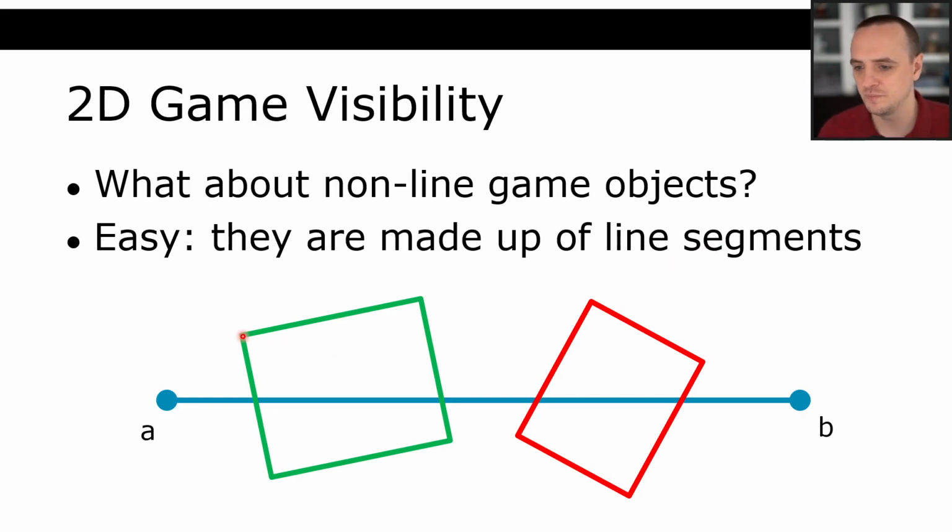So all you have to do is compute, does line AB intersect with any of these line segments? It turns out here that AB intersects here, here, here, and here. But if we're doing something like a lighting calculation, we only want the light to go this far, right? We only want it to go right here and stop as soon as it hits this thing. So what we do is we find the places that it intersects, and we just take the closest one. That's it. Alrighty.